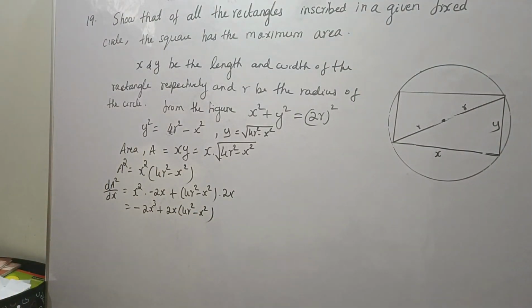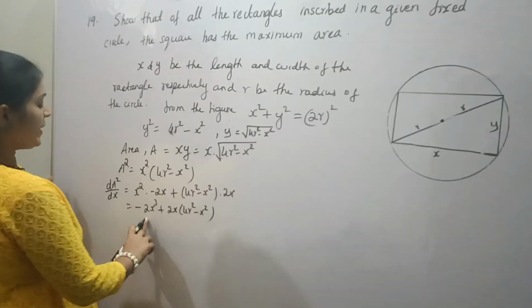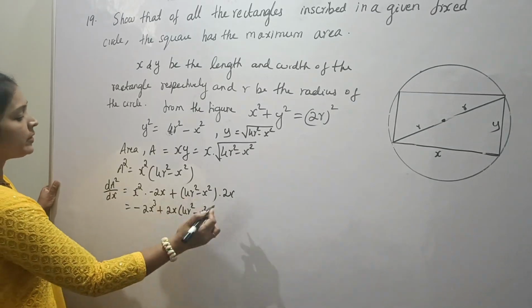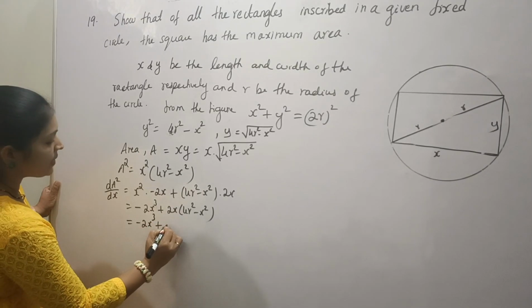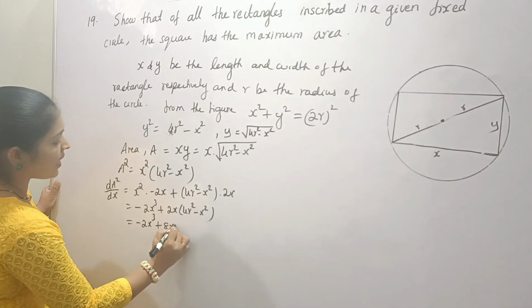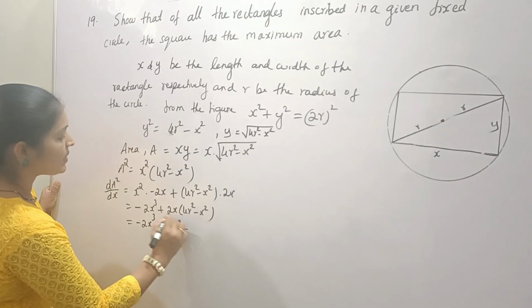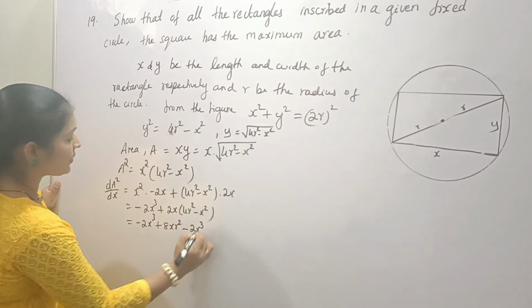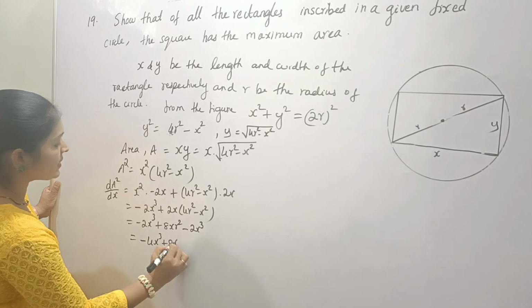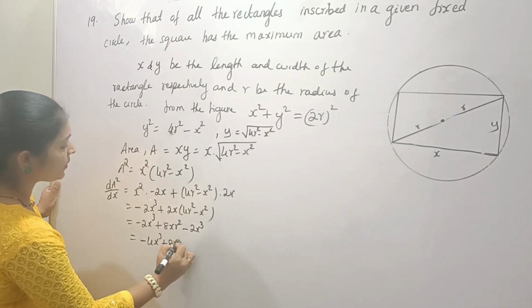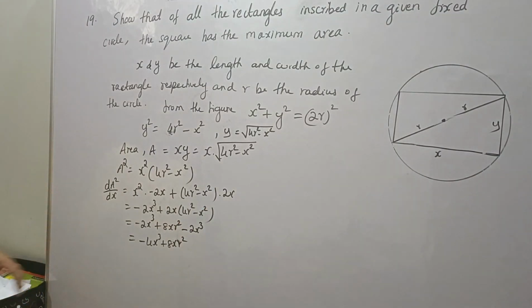So minus 2x cube plus 8xr square minus 2x cube, that is equal to minus 4x cube plus 8xr square. So it is dA square by dx.